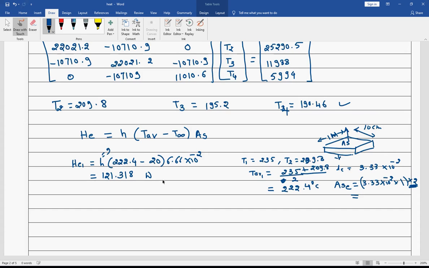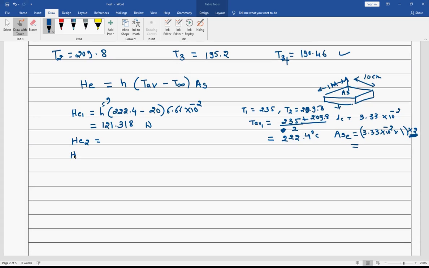So similarly, you calculate He2, you calculate He3, okay, and finally the total heat loss from the fin will be equal to He1 plus He2 plus He3. Okay, so that's how you are going to get it. You can try as a part of homework, calculate He2, He3. It's a simple thing. I don't think any explanation is needed. Okay, and you will get the total heat loss.